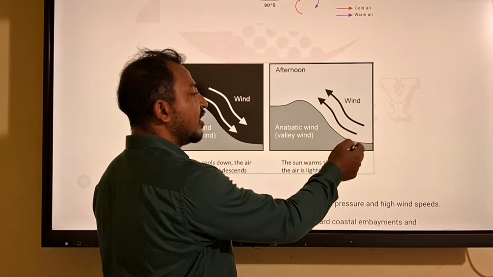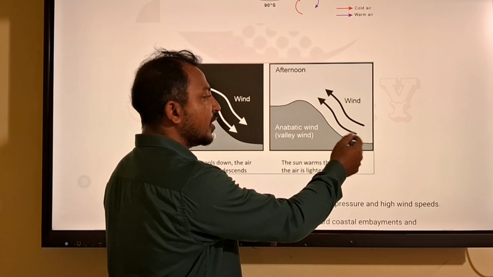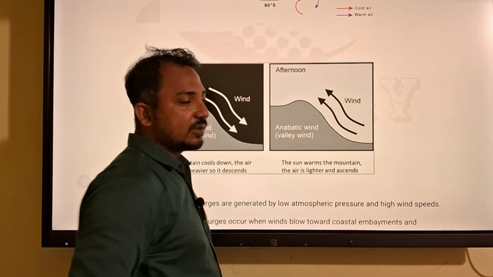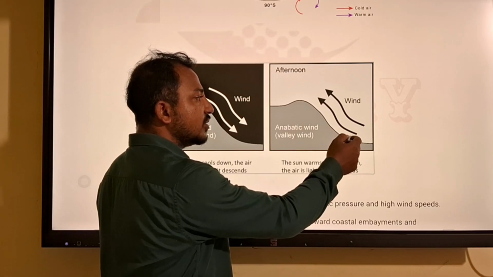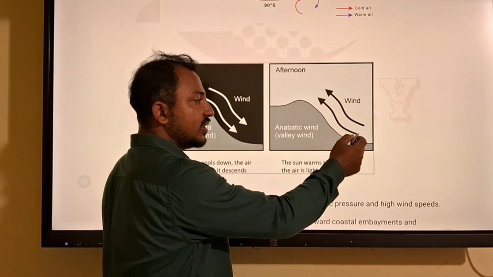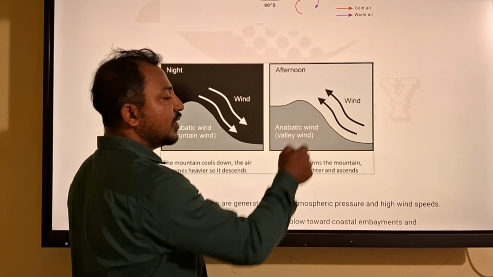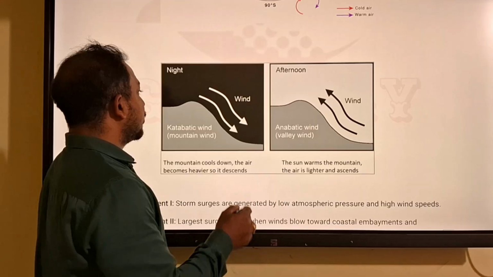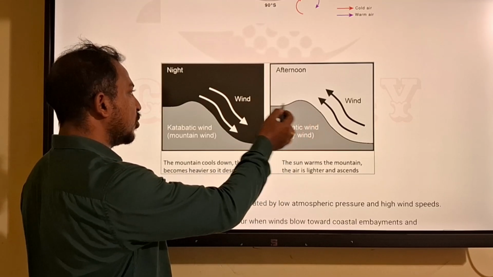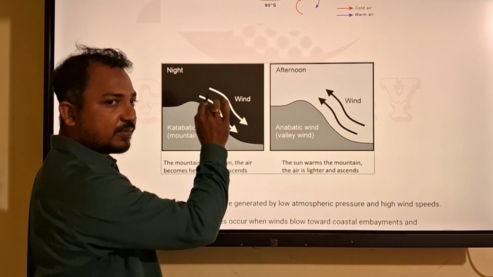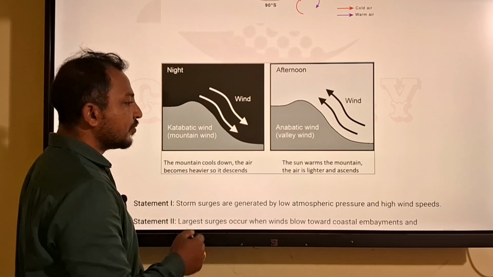So this part gets quickly warmed. So this will produce a low pressure and wind will rise upward. So that will produce an upslope wind, which is called anabatic. So during night time, the upslope wind gets heavier because of the colder climate. Then they move downward. That is called katabatic wind.